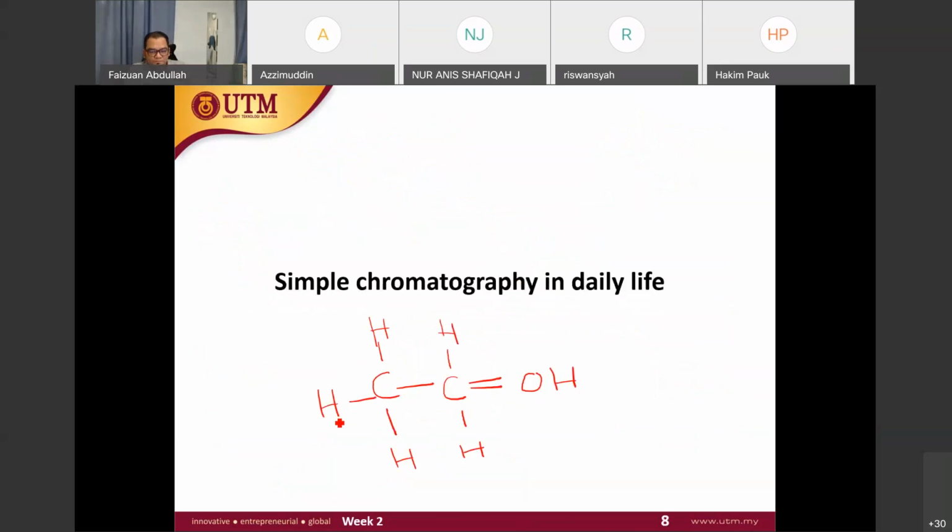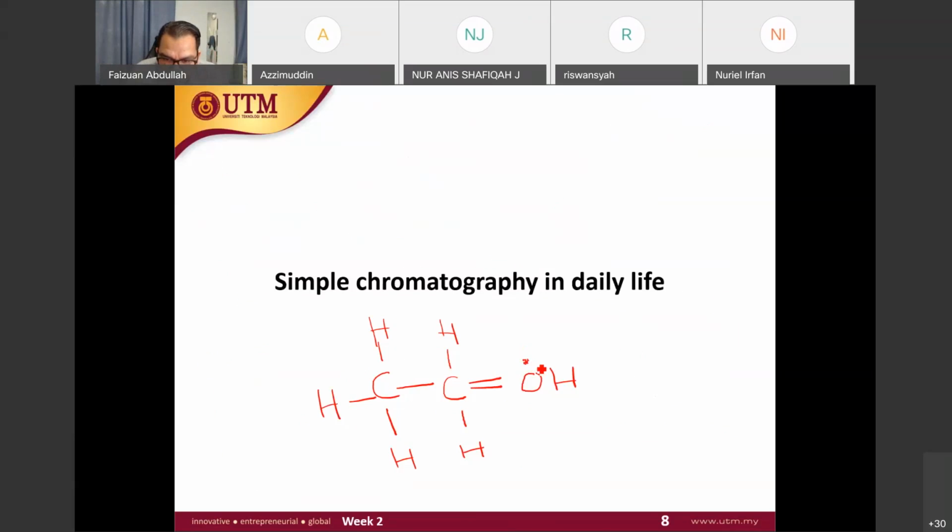What is this? Ethanol or methanol? Ethanol, right? Because we have two carbons. Is the compound polar or not?